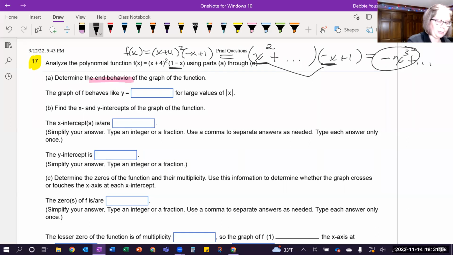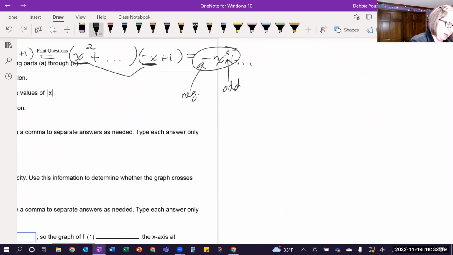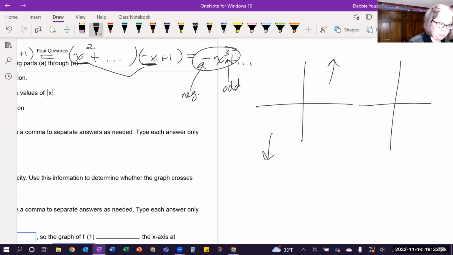So what I'm looking at is that first term if I expanded this. And I'm looking at the power and I'm looking at the sign in front of it, positive or negative. So I see that it's an odd power. And I see a negative sign. So what that tells me is my options are to have, if it's odd, up on the right, down on the left, or the opposite, up on the left, down on the right.